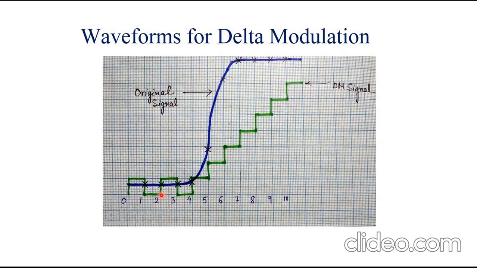Again, if the input signal is greater than this, it will be a plus delta step. Here the input signal is less than this, then it is a minus delta step. And here the input signal is greater than this, then plus delta.